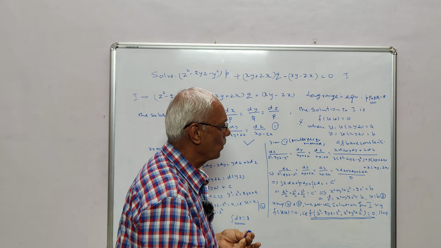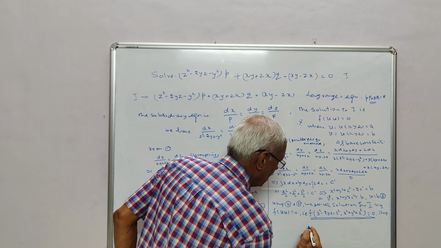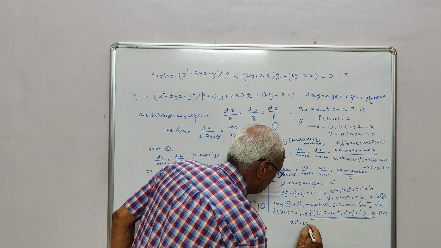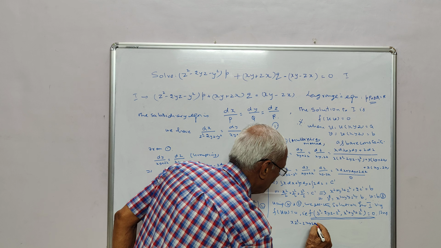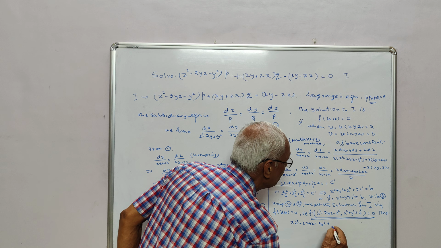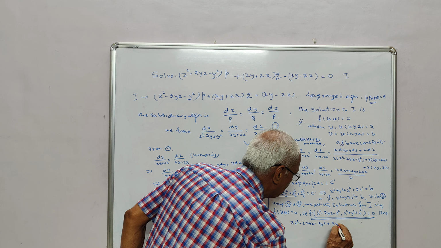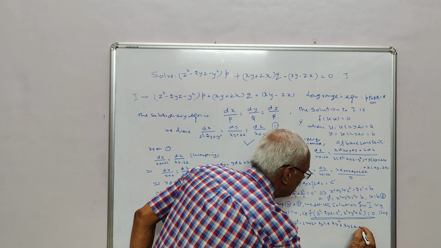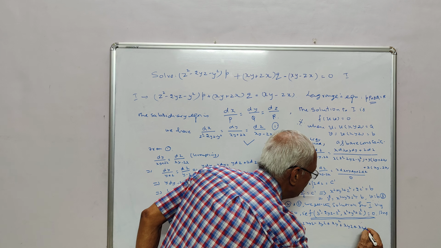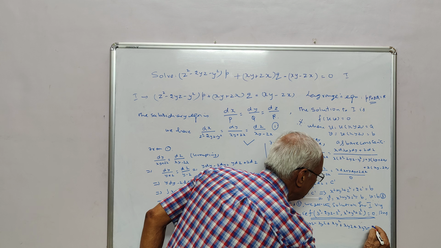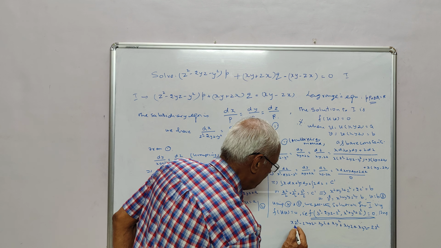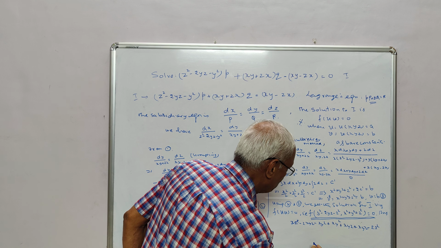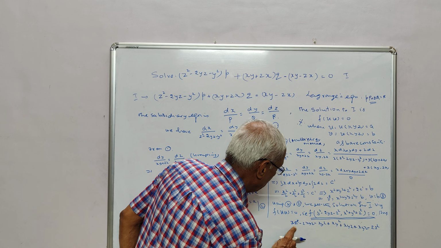Now if you go for the simplification here, you will get xz squared minus 2xyz minus xy squared plus y squared x plus xyz plus xyz minus zx squared. So you see that x is z square and x is z square, value you can see here.